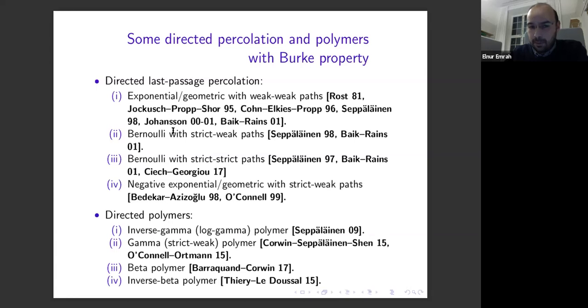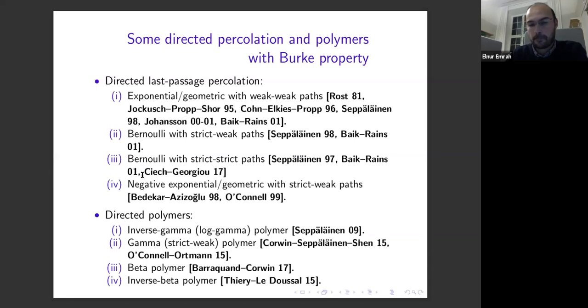Also, in all of these cases, the distribution of the last passage times can be expressed in terms of some exact formulas coming from integrable probability, but these can be somewhat challenging to work with, especially in the case of positive temperature. So our purpose here is to develop some alternative methods that could be applied in all of these settings and adapted as needed without too much technical difficulty.